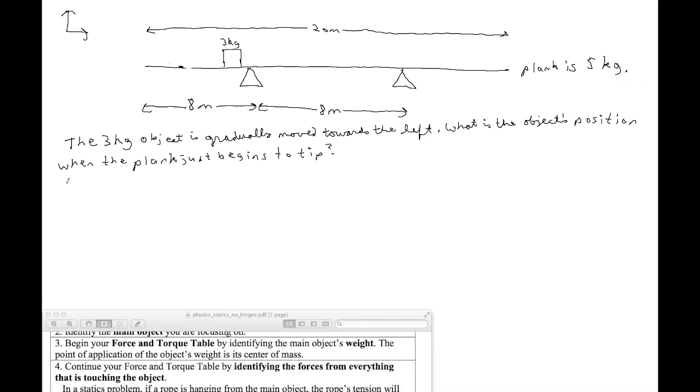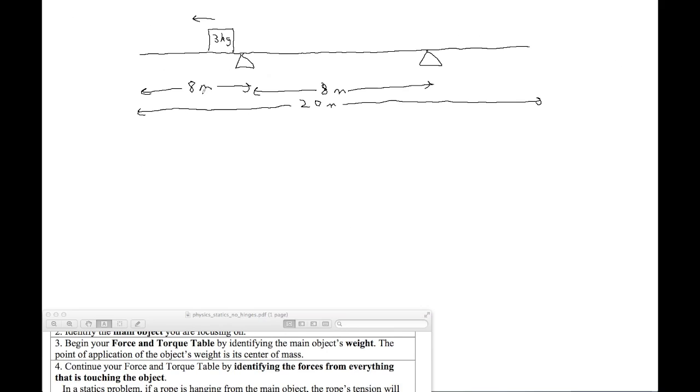So what would be this object's weight? So the weight is 49 newtons. So let's see, the question was, if we keep moving the 3 kilogram object to the left, when will this start to tip? So what did you decide was the weight?